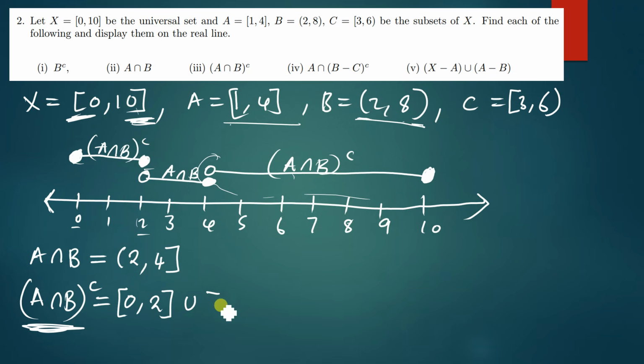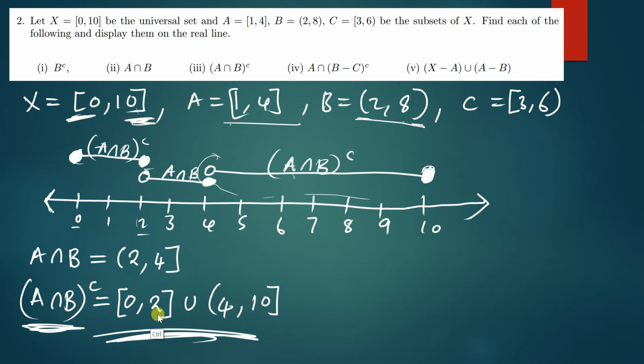Okay, so we open there. Then we close there. Sorry for that. Okay, so we have an open bracket at 4, and then a closed bracket at 10 there. So this is the solution.